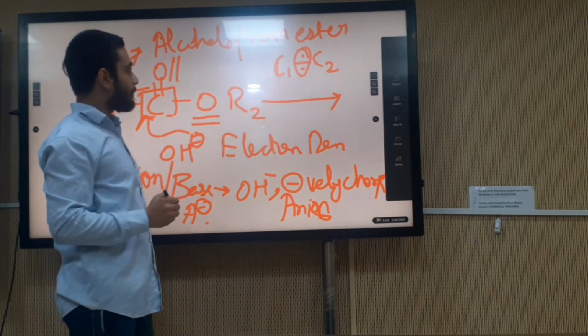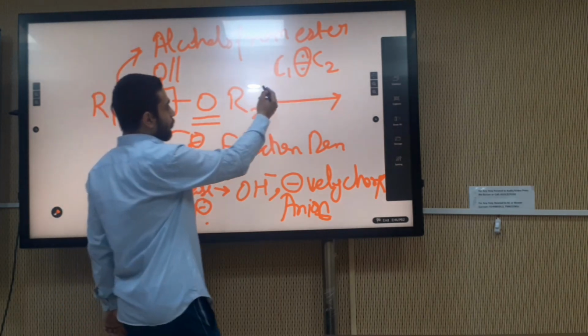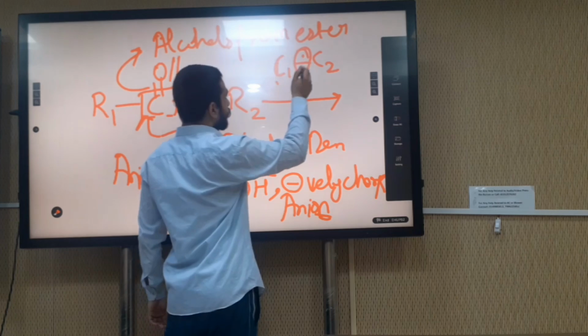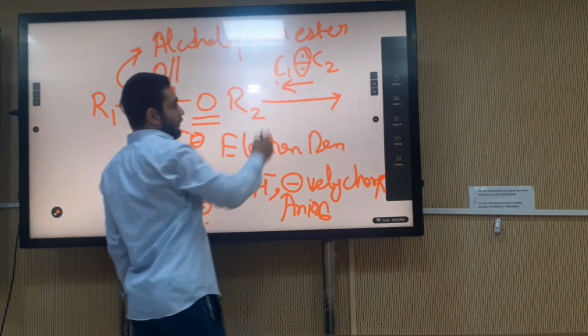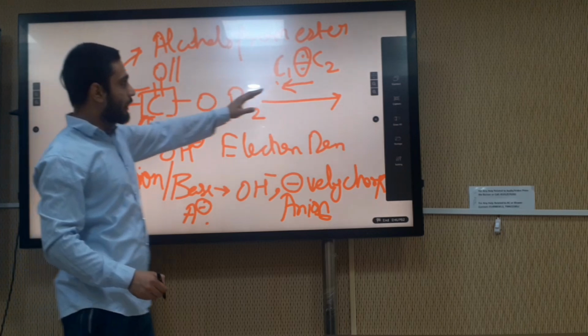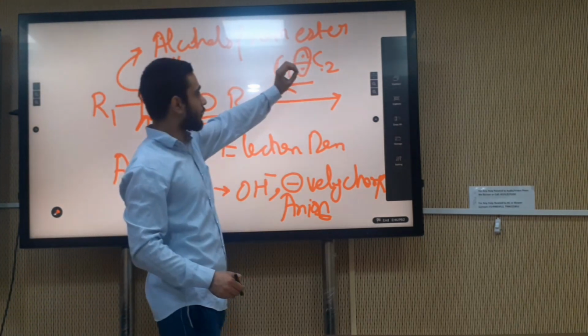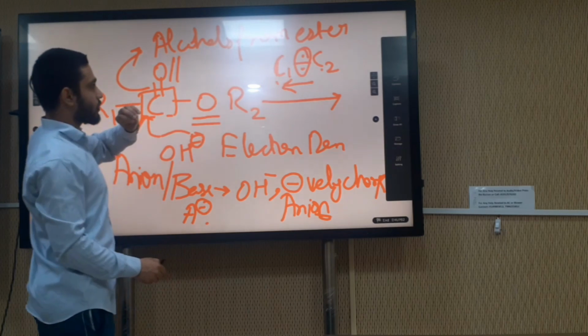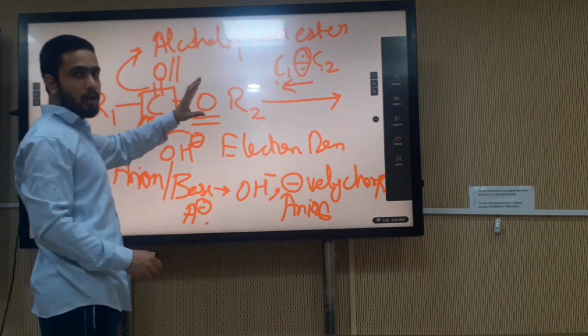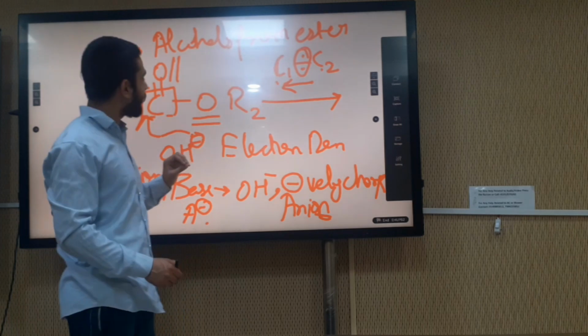But if one is more electronegative, it will take the electron density from the other, so the other will become more positive, more electropositive in nature, and the first will be more electronegative in nature.